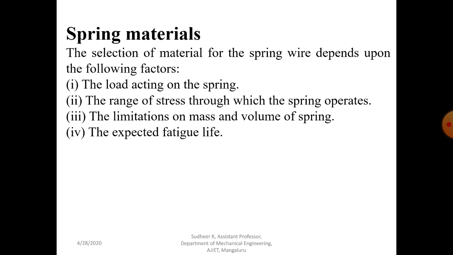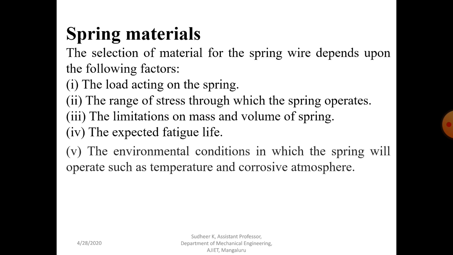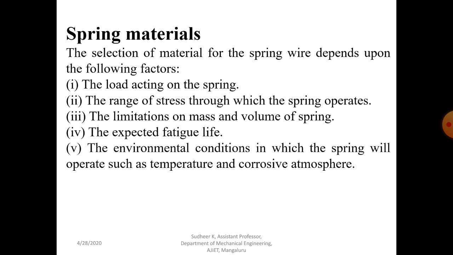These are needed in order to select the material for the spring wire. And the fifth one, the environmental condition in which the spring will operate, such as temperature and whether it is a corrosive atmosphere. You should know, as these conditions also play a very important role. Otherwise the life of the spring may change.